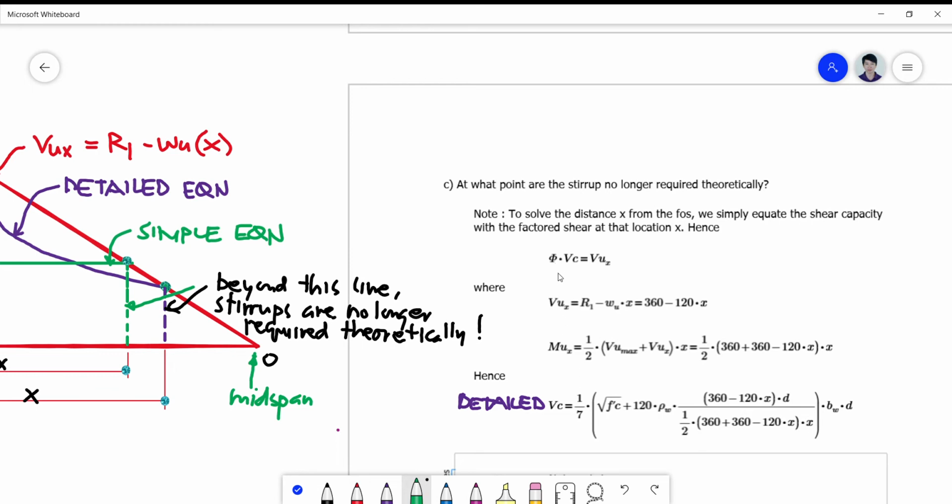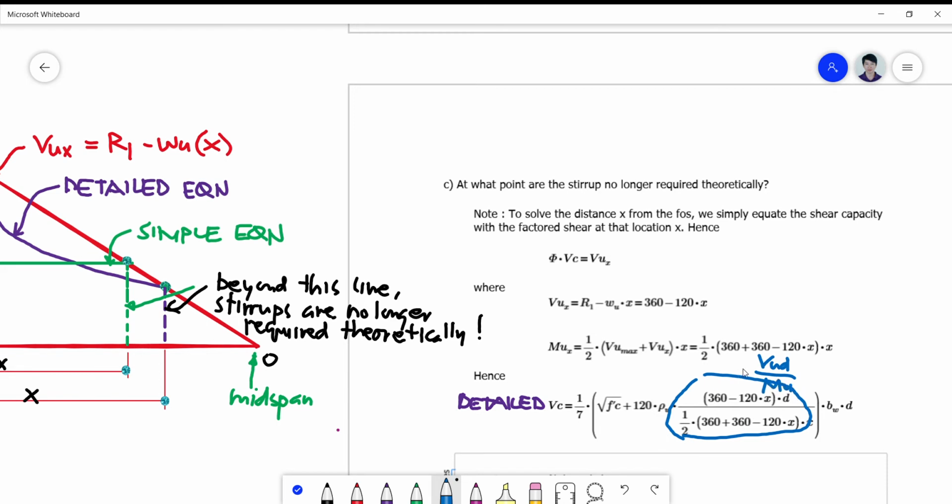But before we do that, we take note of this value here, which represents the reciprocal of the a over d ratio. This value is actually the VUd over MU that we are computing.